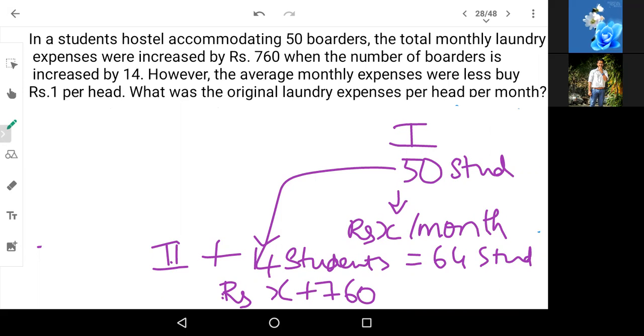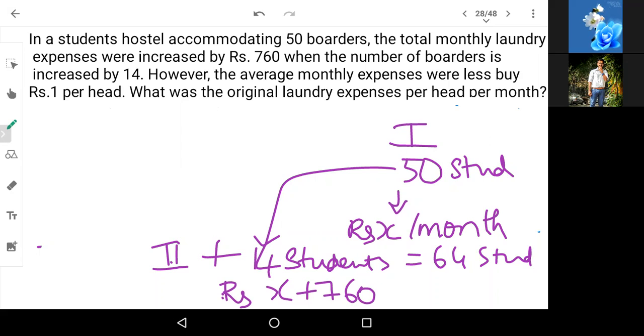Now there are extra 14 students in the hostel. So for totally 64 students, X plus 760 is the total amount of laundry. So this is the first complete statement of the problem.